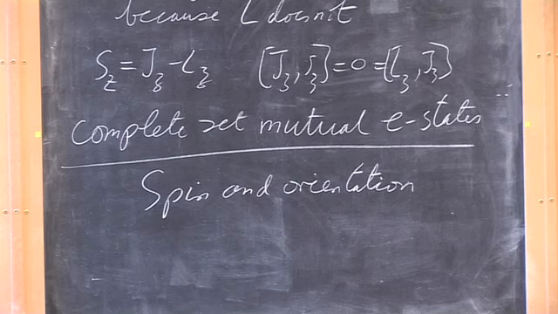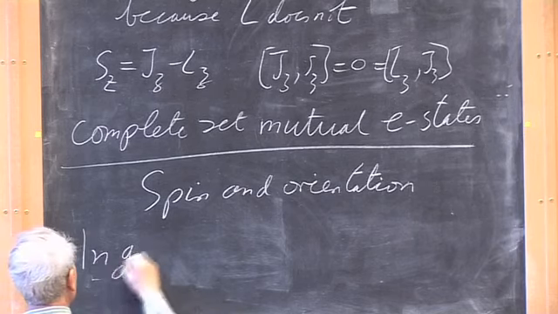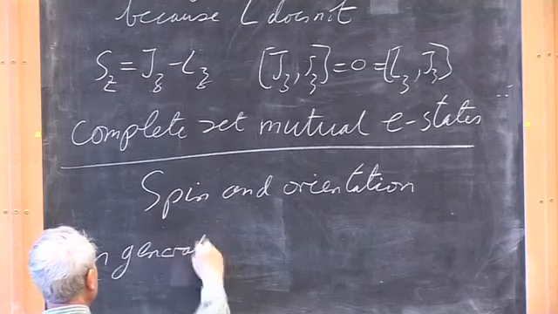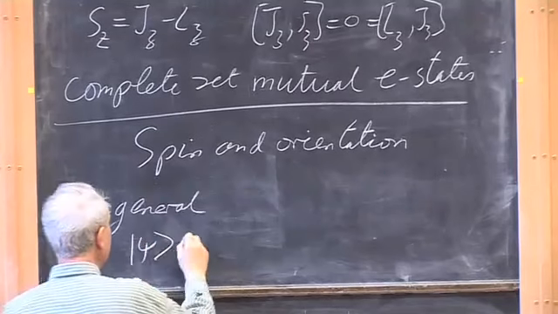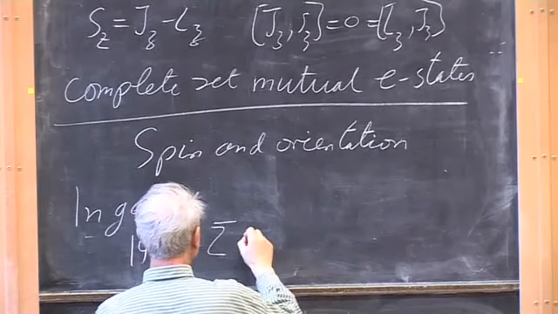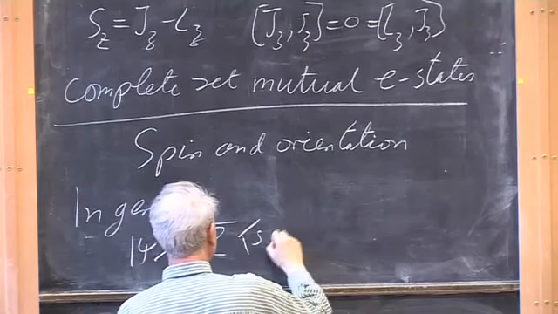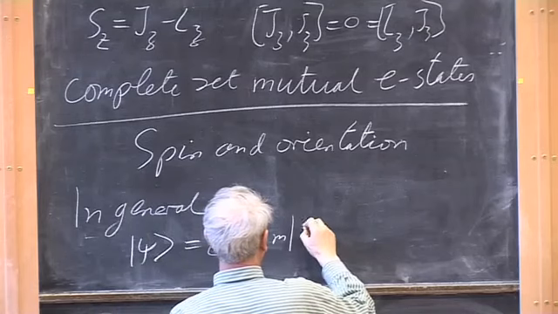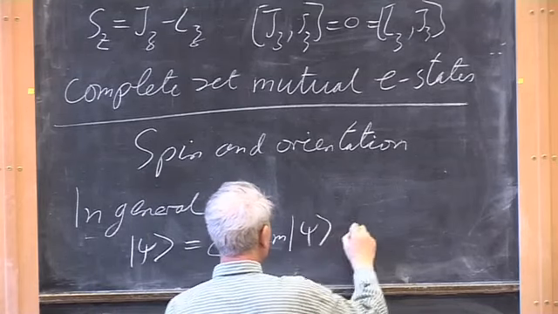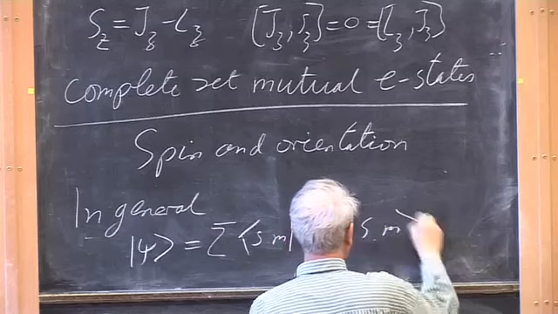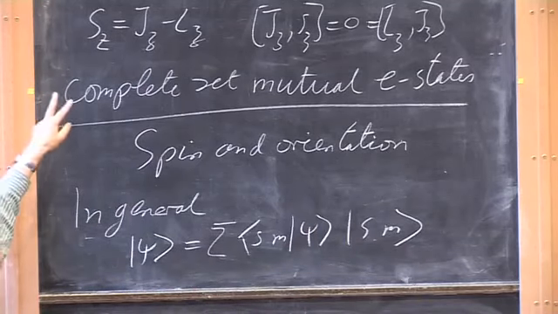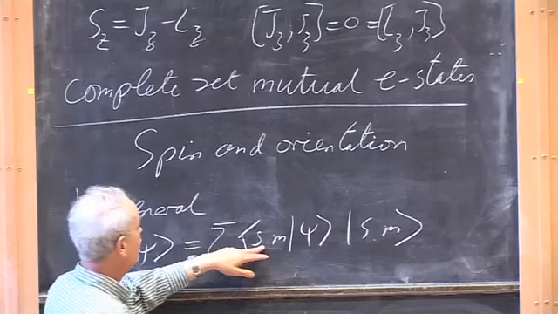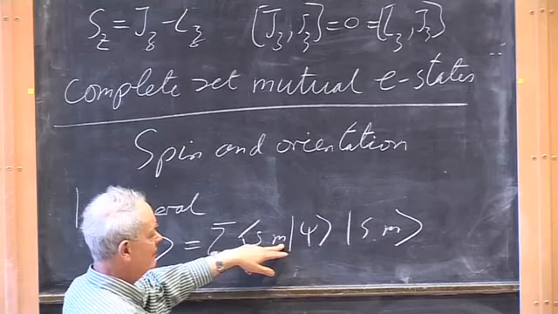Okay. So in general, the internal configuration of a system could be written as psi equal to the sum of psi_Sm times |S m>. We've got a complete set of mutual eigenstates of S squared and Sz, right?